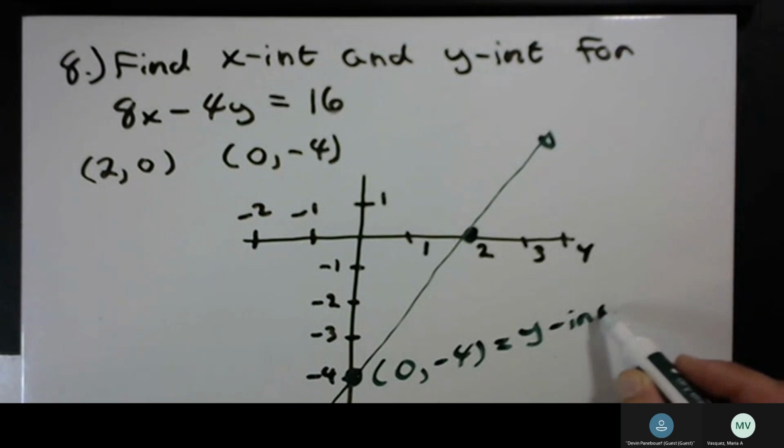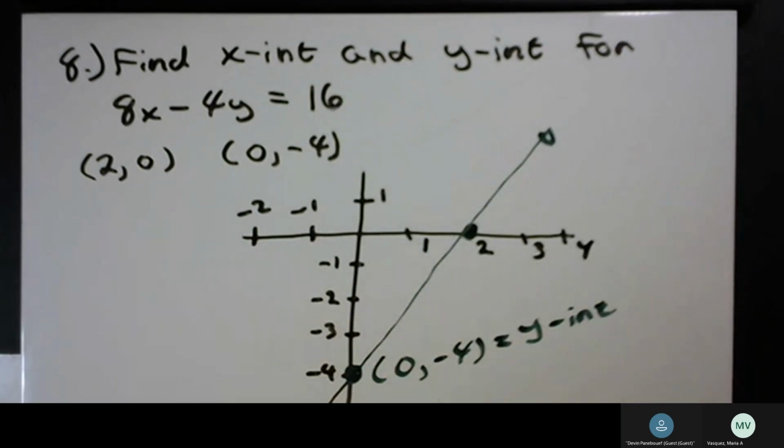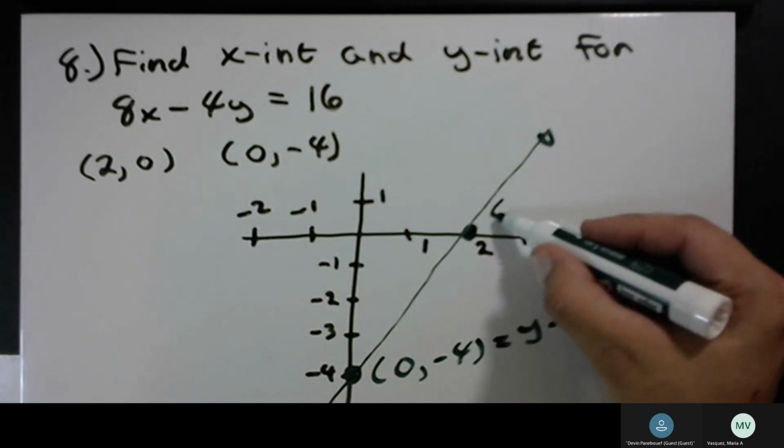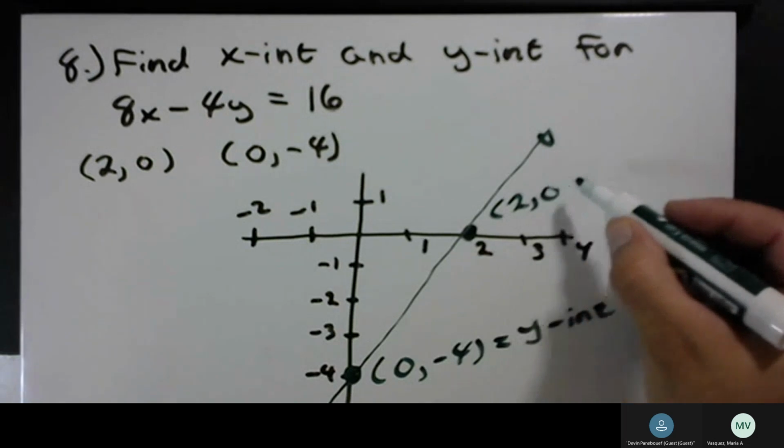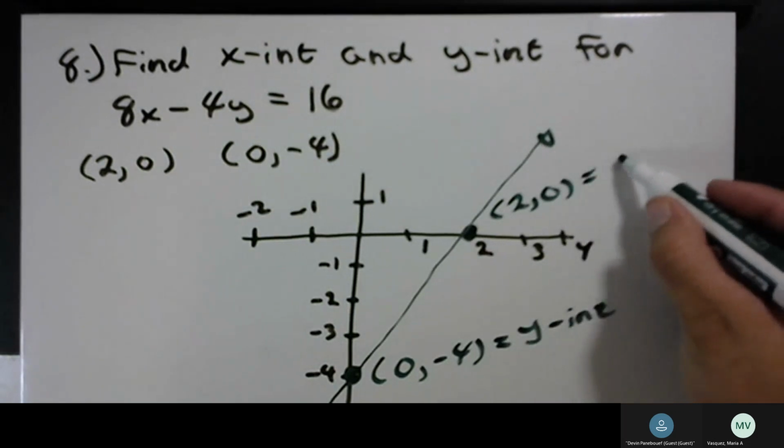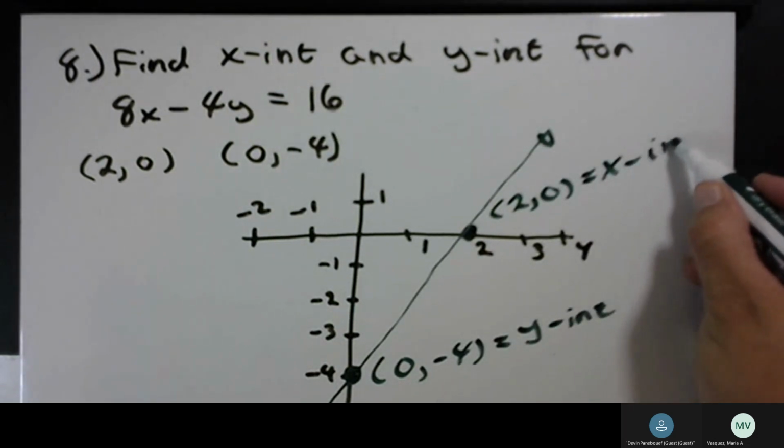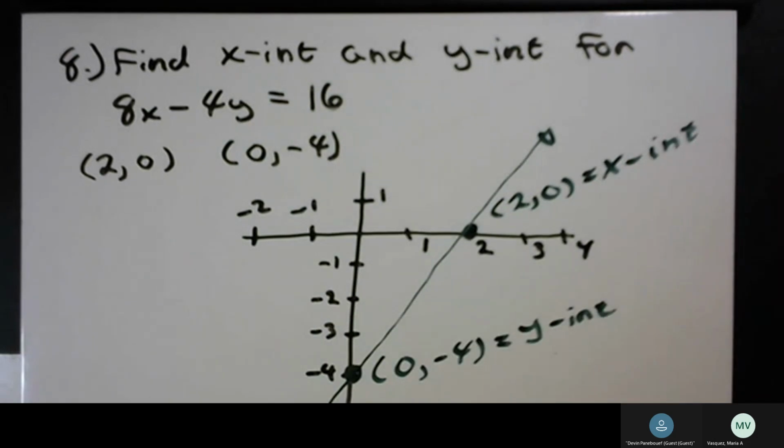So the y-intercept is always on the y-axis, and then the x-intercept, 2 comma 0, is always on the x-axis. Questions about that?